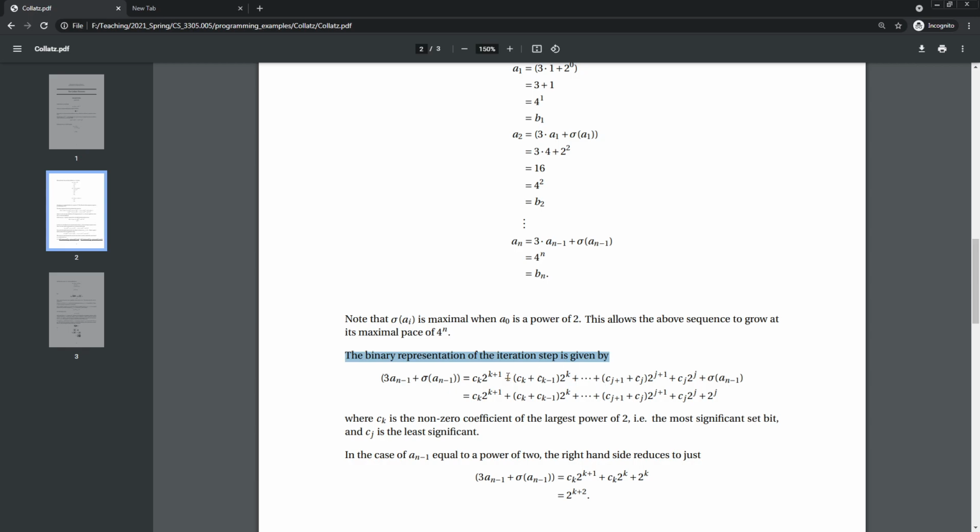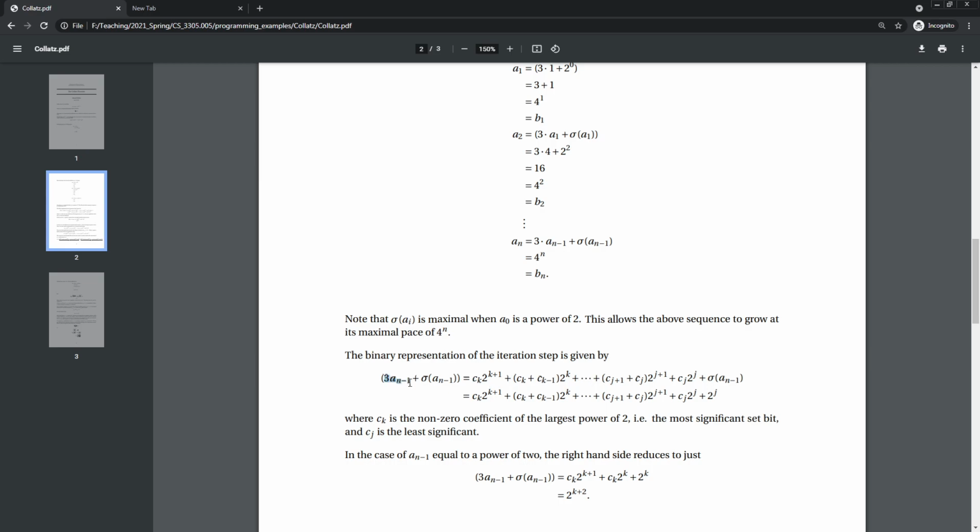And then just a note on how this looks in terms of the binary representation. So 3 times a sub n minus 1 plus our sweeper term is going to look like this. You have the kth coefficient, and it's times 2 to the k, and so on.